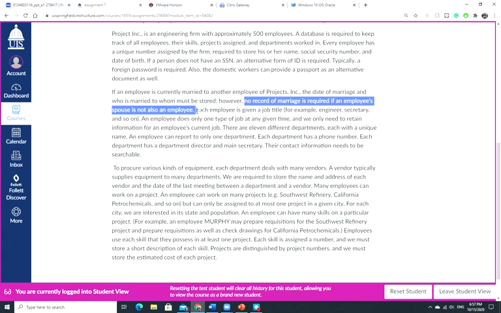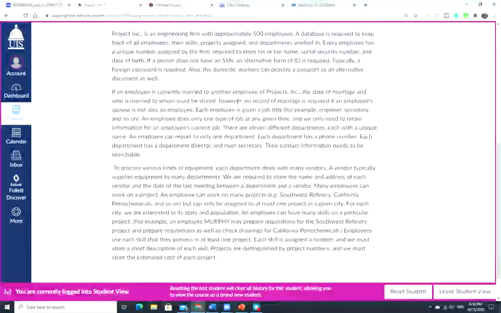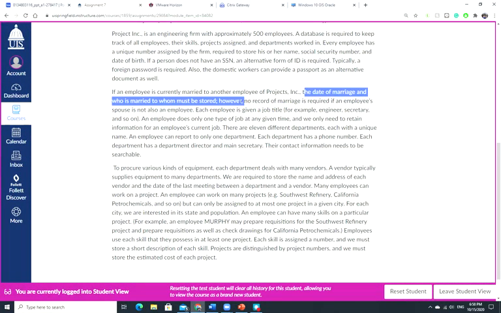It said it's not required, but it's optional, right? But it does have a requirement that says the date of marriage and the person who is married need to be stored. Okay, so the challenge to you is where do I put that particular piece of information? I will not give it to you in our lecture today, so try to think about it.